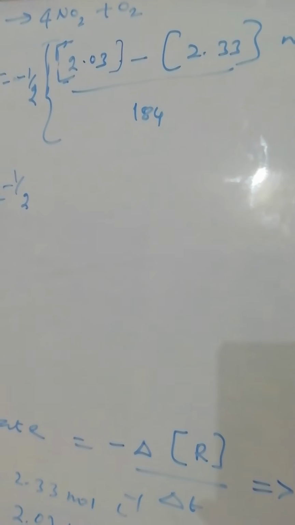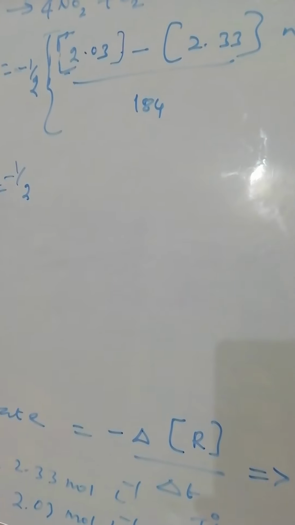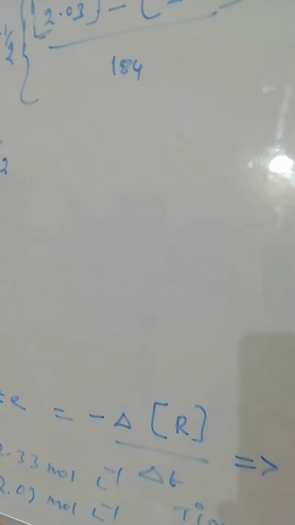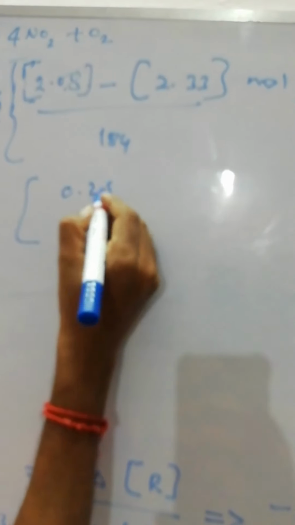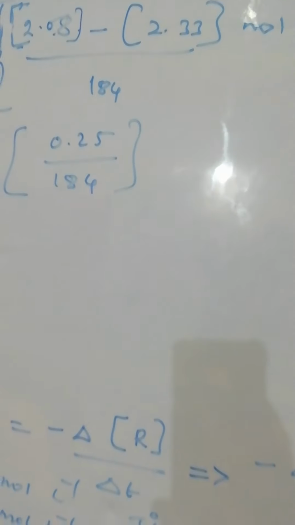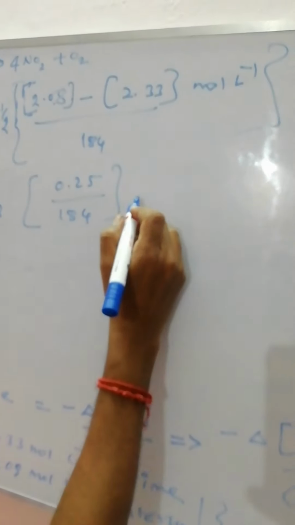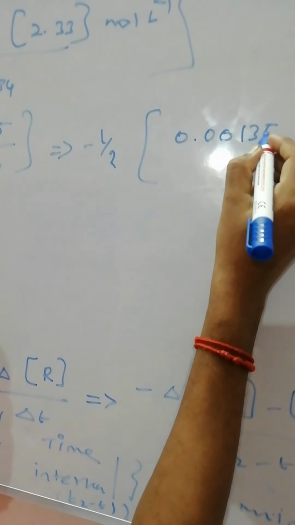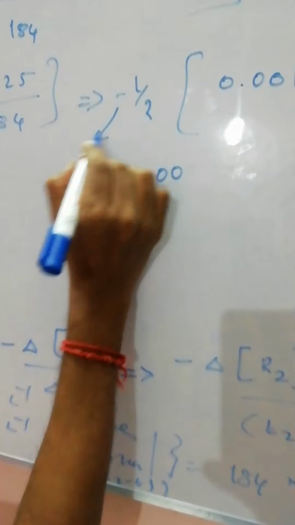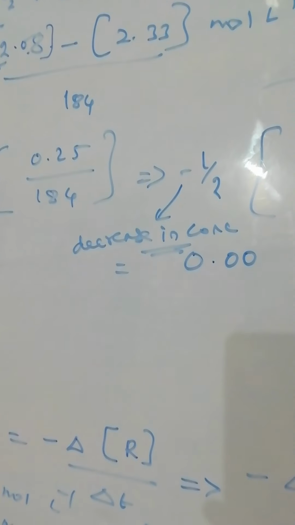2.08 minus 2.33 gives 0.25. So we have half into 0.25 by 184, with a minus sign. Simplifying, we get 0.001358 into half, and finally we get 0.000679. The minus tells about decrease in concentration, no need to put it in mathematical units.